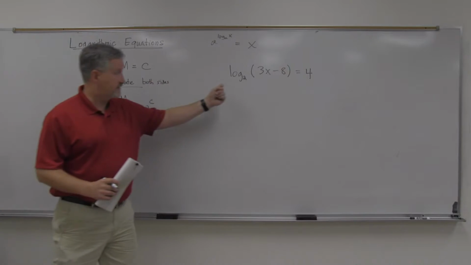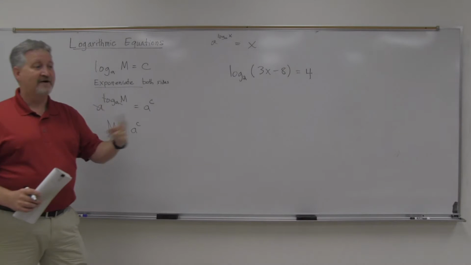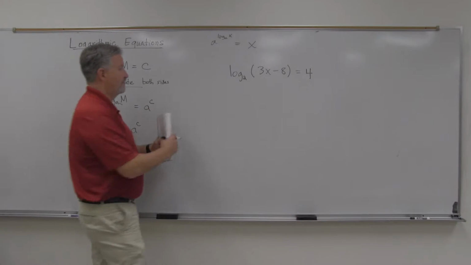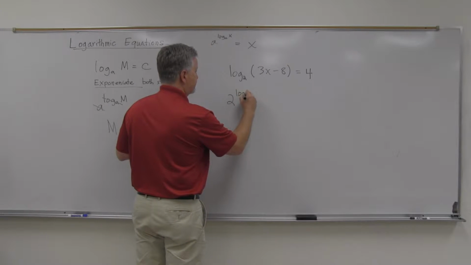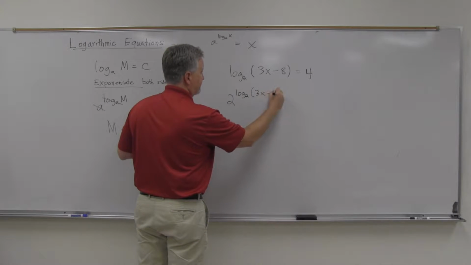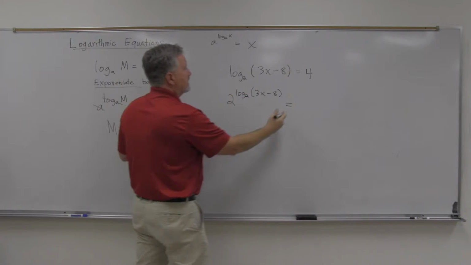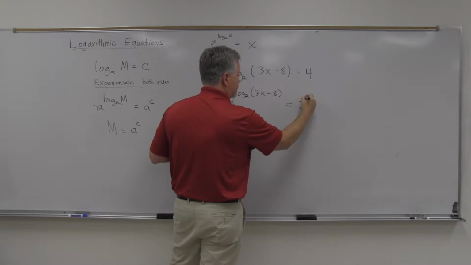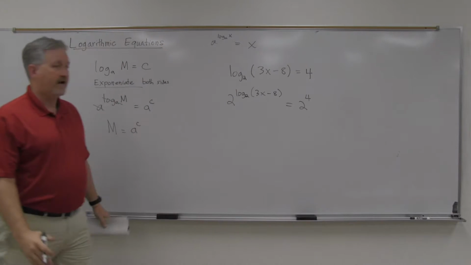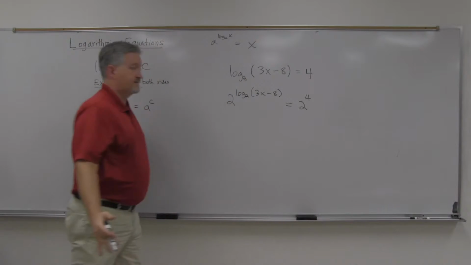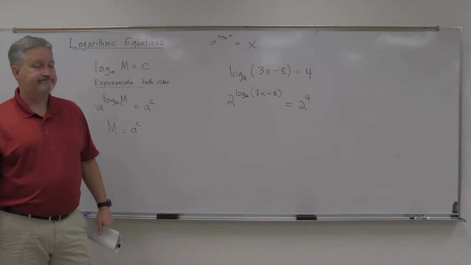And so in this case I do have a number for the base, 2, and so I'm going to exponentiate both sides to base 2. In other words, this is going to be 2 to the log base 2 of 3x minus 8. So take this side to base 2, and then this side is exponentiated, so it would be 2 to the 4. Okay? So see why I did 2? Because that's the base. That's where I picked that number from.